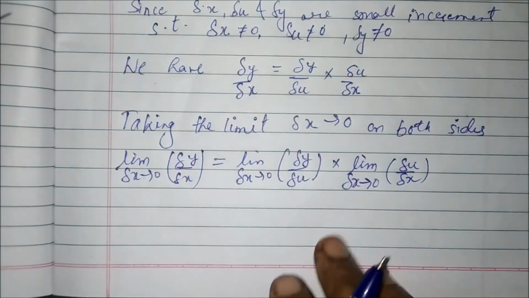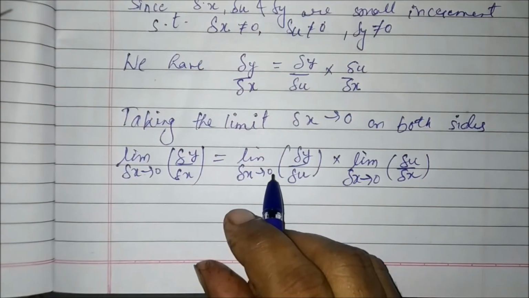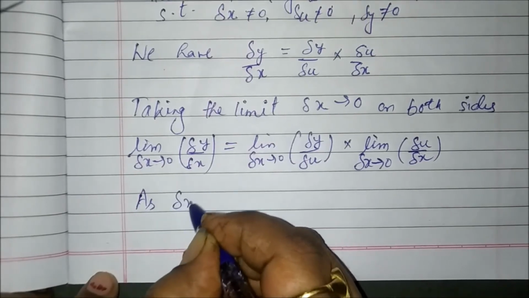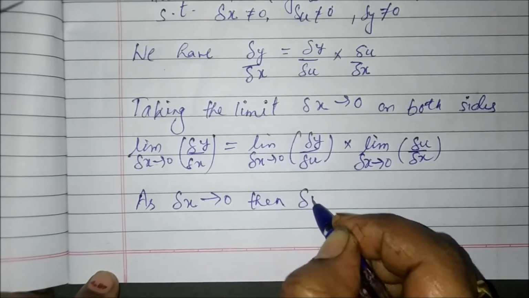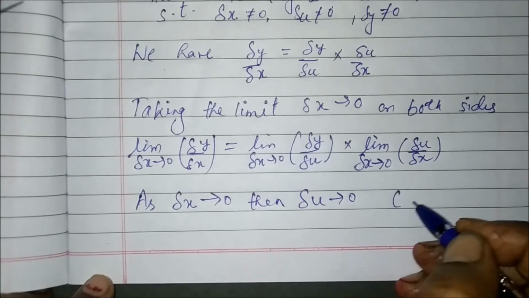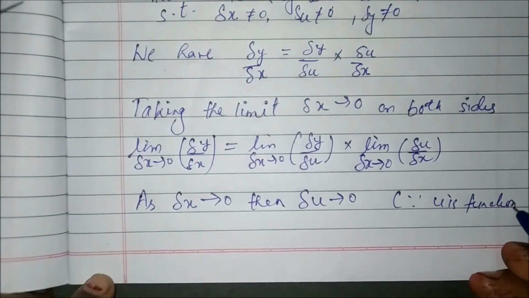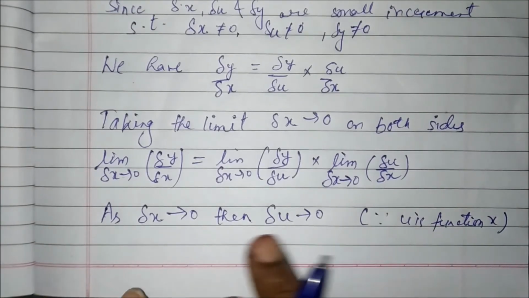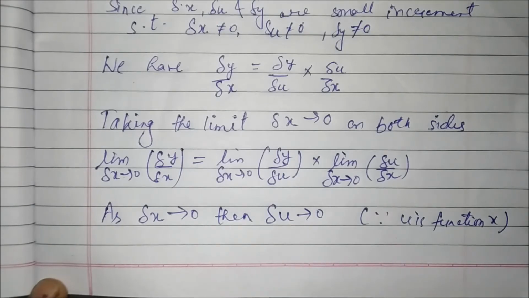Now since this delta x tends to 0 but is not equal to 0, as delta x tends to 0, delta u should also tend to 0. Since u is a function of x, if delta x tends to 0, then delta u tends to 0.